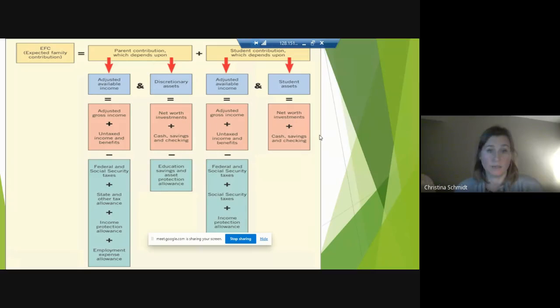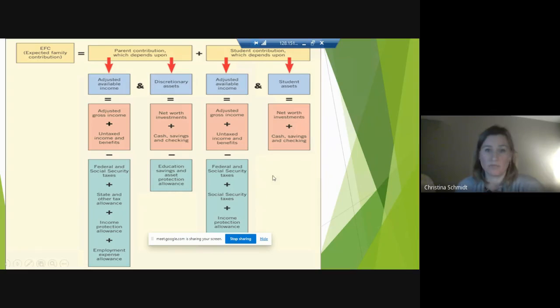The light blue boxes at the bottom are some of the allowances we make for taxes and educational savings. The asset protection allowance under the parent assets takes into consideration if you have younger siblings, younger children who are not yet in college, that we know you're saving for them as well.